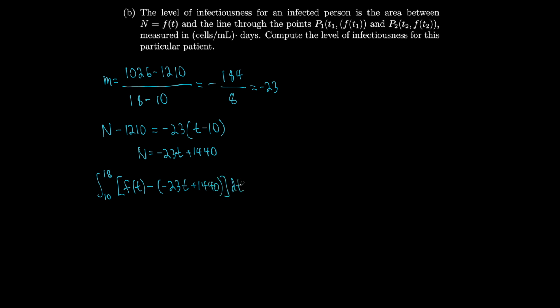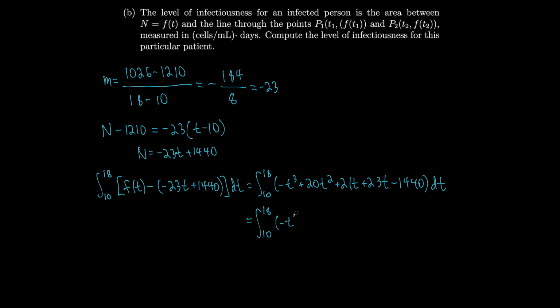And we plug in now for f of t. So we get minus t cubed plus 20t squared plus 21t, plus 23t minus 1440. We just expand the function they gave us for f of t, and then we keep on simplifying.